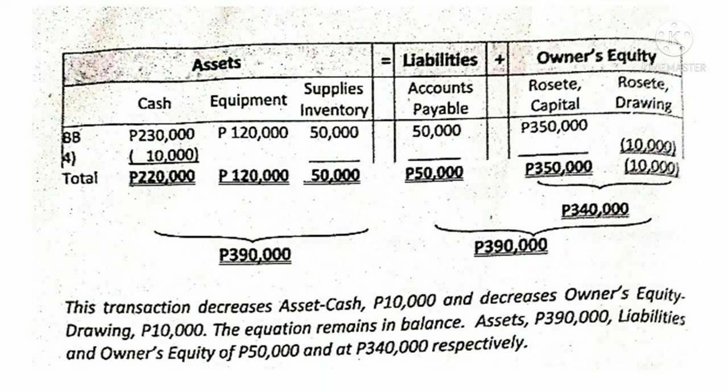Unya, ang liabilities plus owner's equity is also equal to 390,000 pesos. So this transaction decreases asset cash 10,000 and decreases owner's equity drawing 10,000. The equation remains in balance. Assets 390,000 pesos, liabilities and owner's equity of 50,000 and 340,000 pesos respectively.